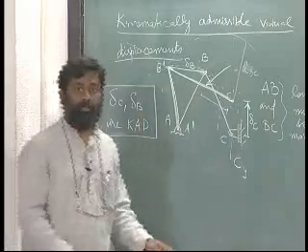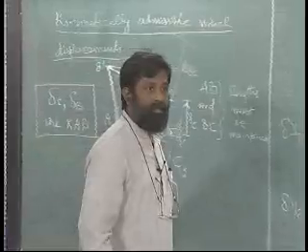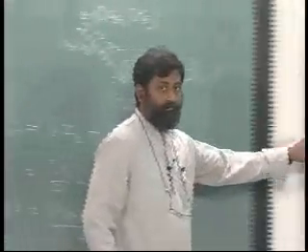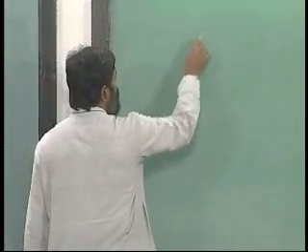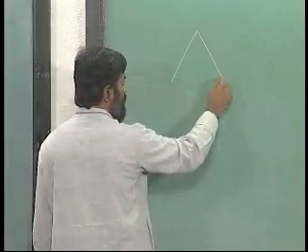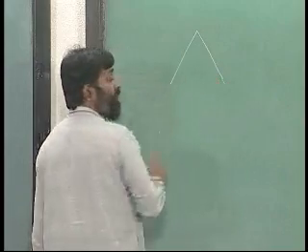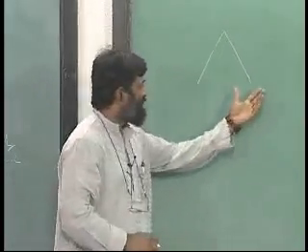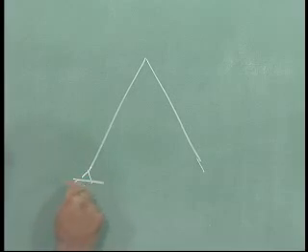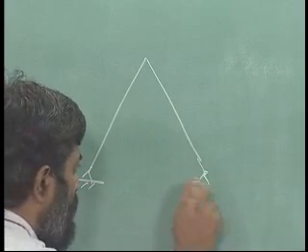One more important thing before we solve the problem that we started yesterday. Let us say in this exercise I wish to find out the reactions at C. How many reactions are possible? Let us just start with the problem as such.